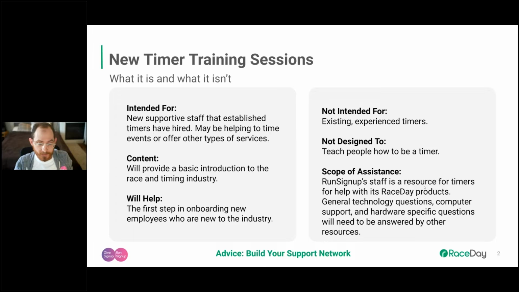So if you missed today's session, or if you had someone who would be interested in self-certifying if they missed today's session, get in touch with us, and we can send this whole content pack over to you, and anyone can self-certify at any time after the fact. So again, this is really about providing a basic introduction to timing and scoring, and today we're going to be really digging into just the software itself.